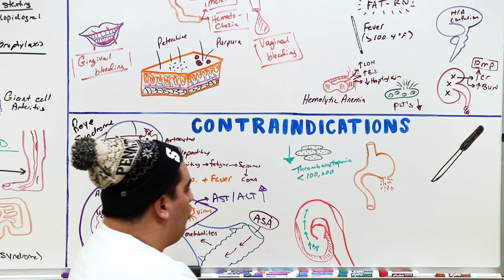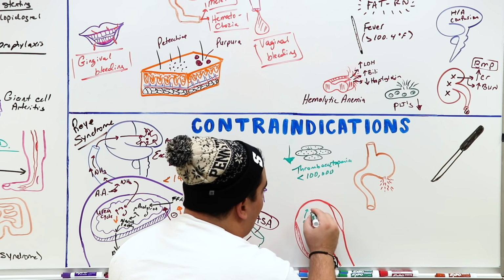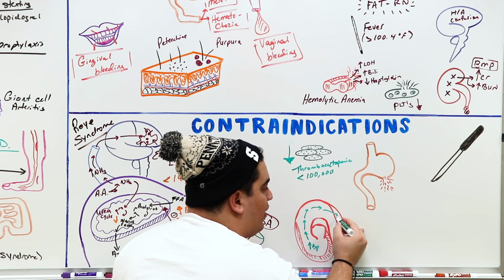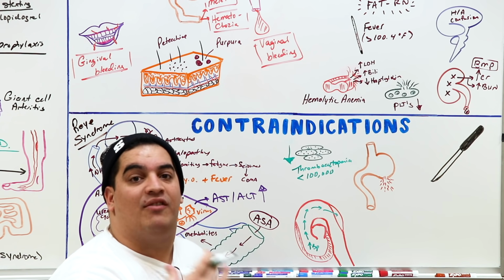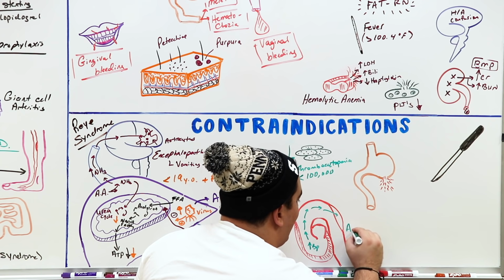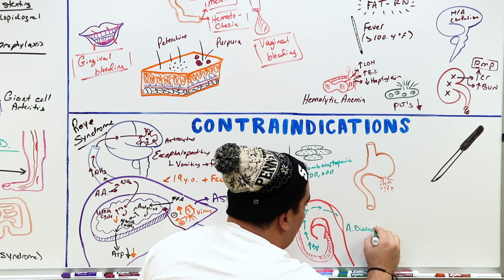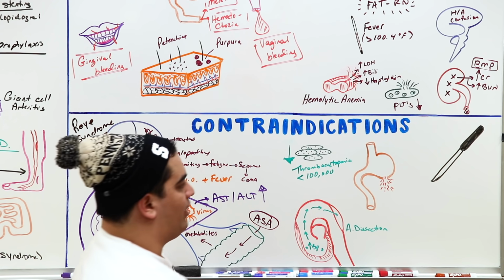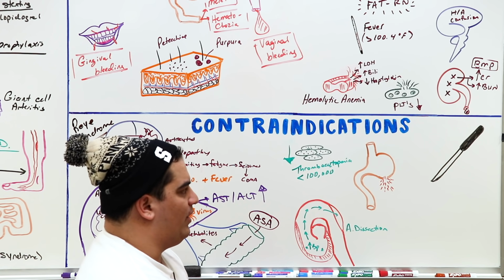So if someone has uncontrolled hypertension or a history of aortic dissection, they're at high risk of bleeding if you give them any of these medications. So be careful if someone has a history of an aortic dissection or they have uncontrollable high blood pressure.